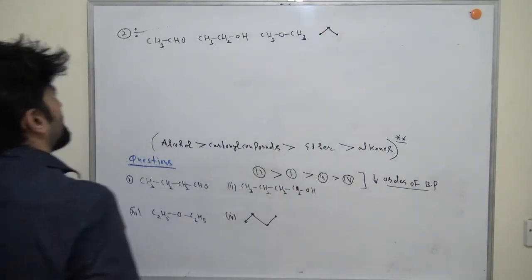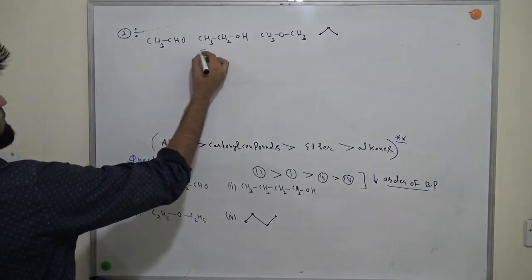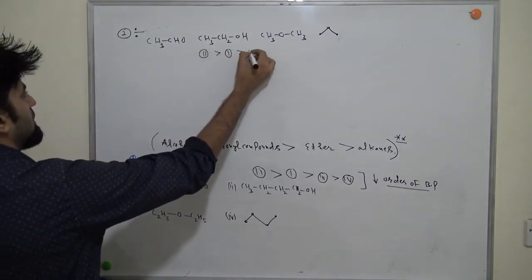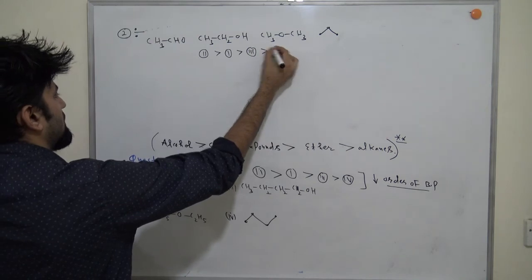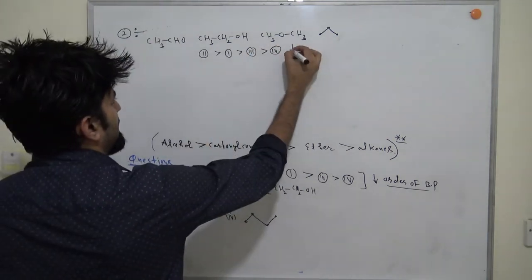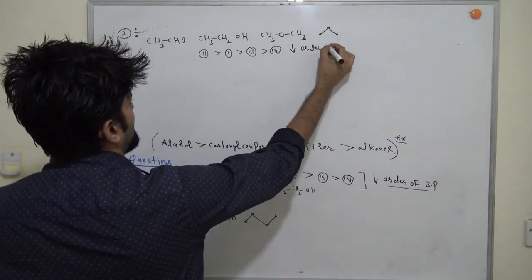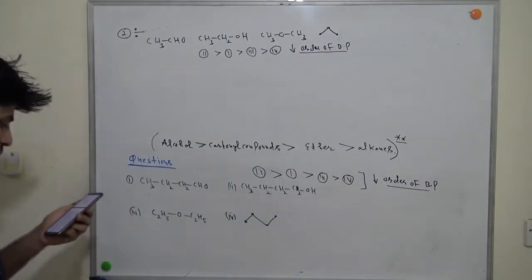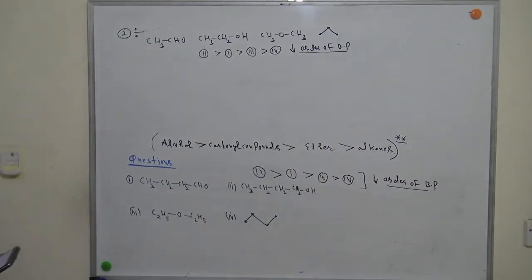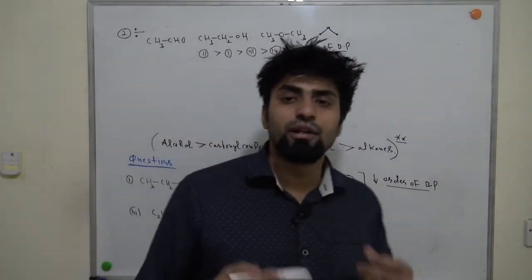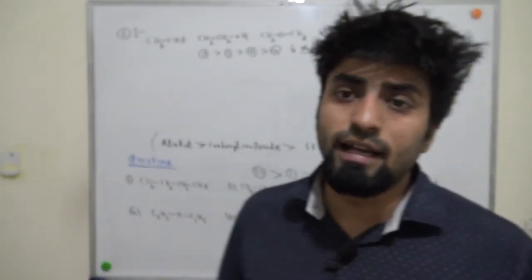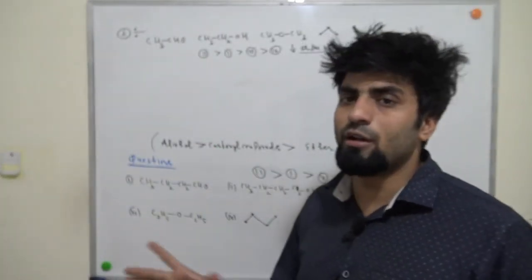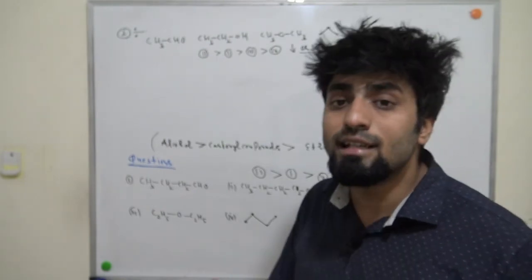You guys are so smart now. Alcohol is maximum, then first, third and fourth. So this is your decreasing order of boiling point. Understood, guys? Clear? This is how we decide the boiling point. Alcohol will have maximum boiling point because the strength of hydrogen bond is maximum.